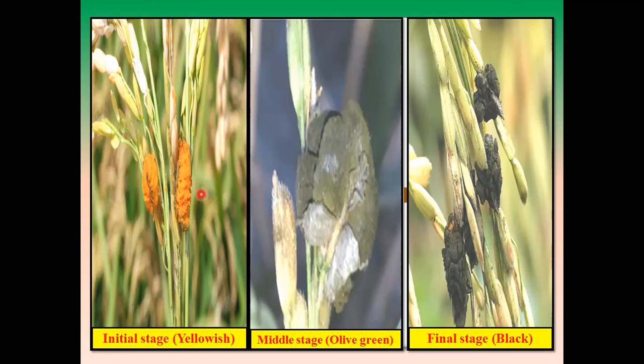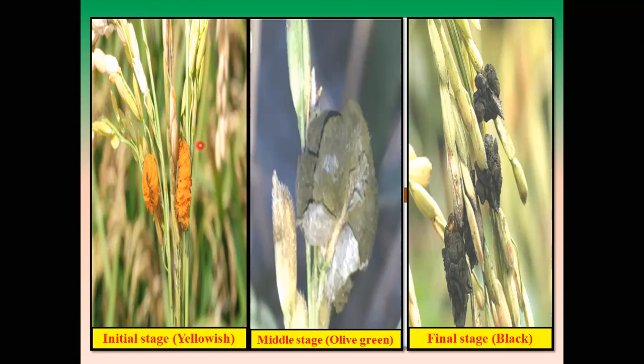So initially these smut balls are generally yellow or somewhat orange in color, and these orange smut balls are covered by a membrane. So only a few spikelets in a panicle are generally infected, and these infected smut balls are seen on the rice plants.